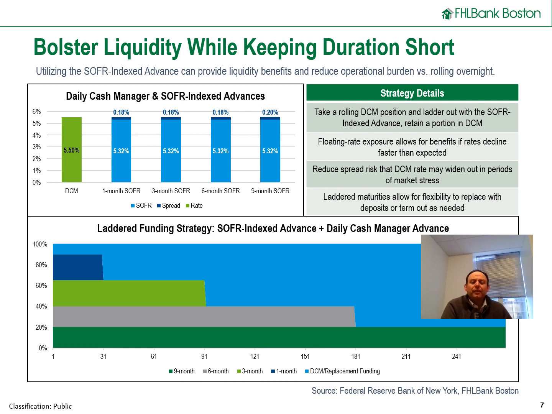So the graphic at the bottom just looks at an example of a laddered funding strategy where you may have a portion that you're funding from a daily cash manager and looking to utilize some of those floating rate advances. We're pushing them out across a period of 1 to 9 months.